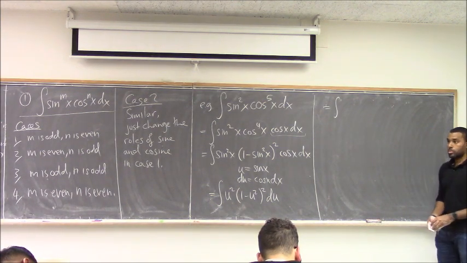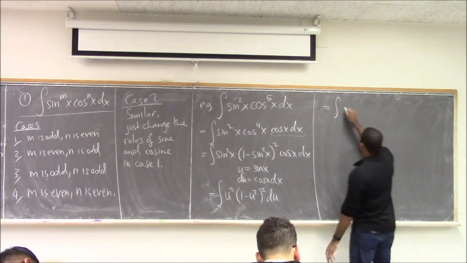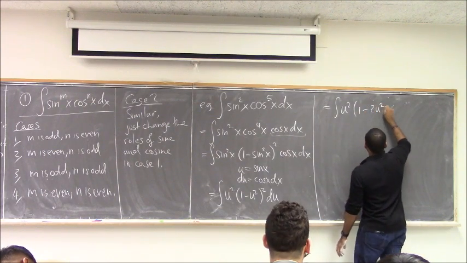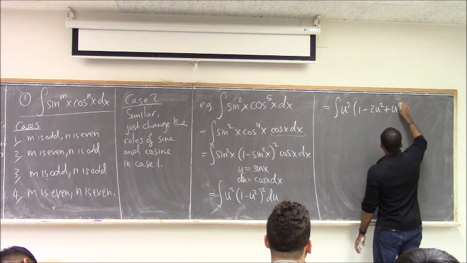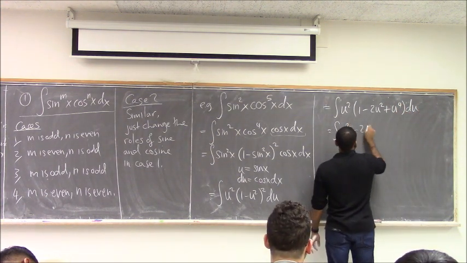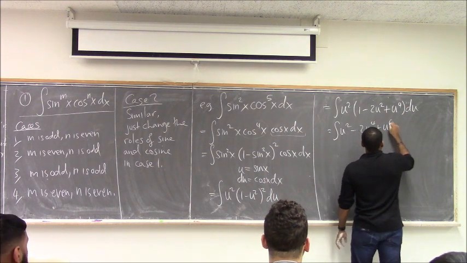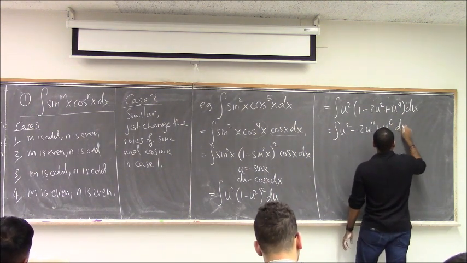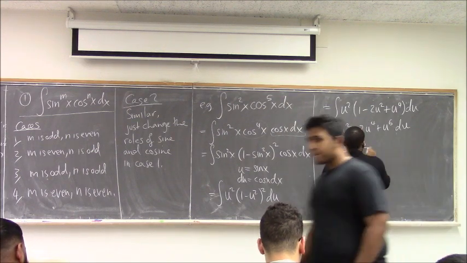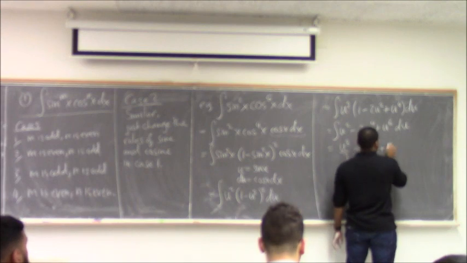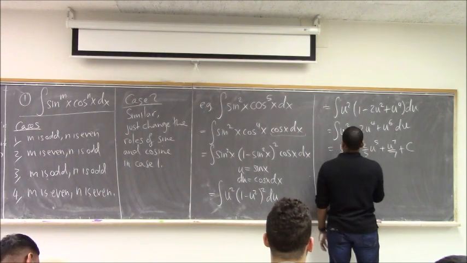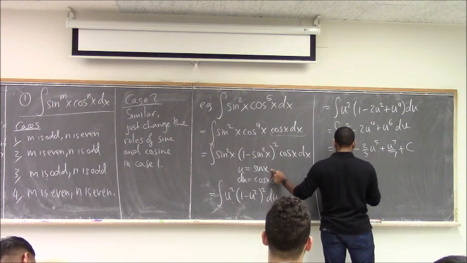So it'd be u squared, open parentheses, 1 minus 2u squared plus u to the fourth. We multiply that out. U was sine of x.